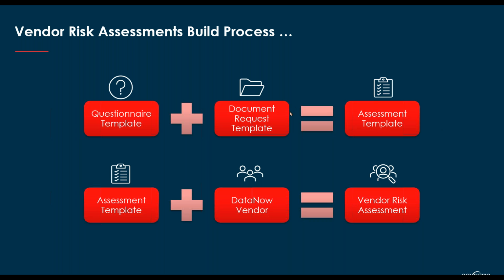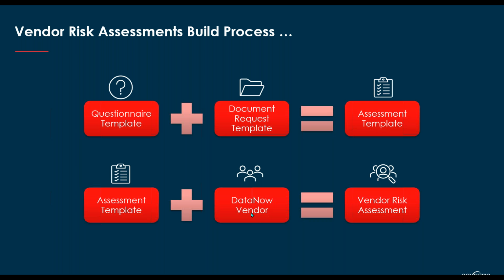So the idea is you create your library of templates that you would use for assessing different types of vendors, and then to actually assess a particular vendor, you would pull that assessment and associate it with the vendor. So here we see that you take this assessment template, which is comprised of questionnaire templates and document request templates, and you assign it to a vendor.